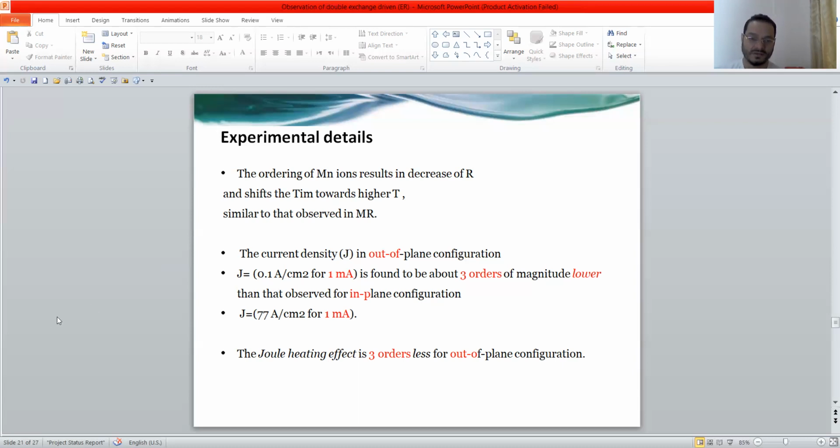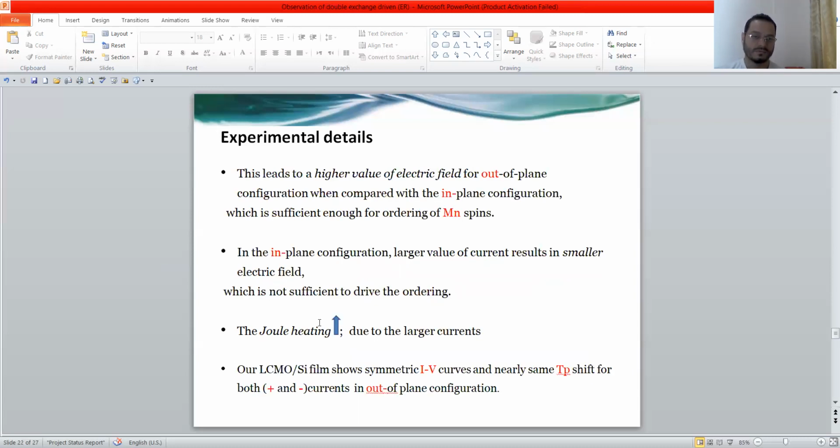another theory. Like I said in the first slides, the Joule heating effect we will notice in the in-plane configuration.